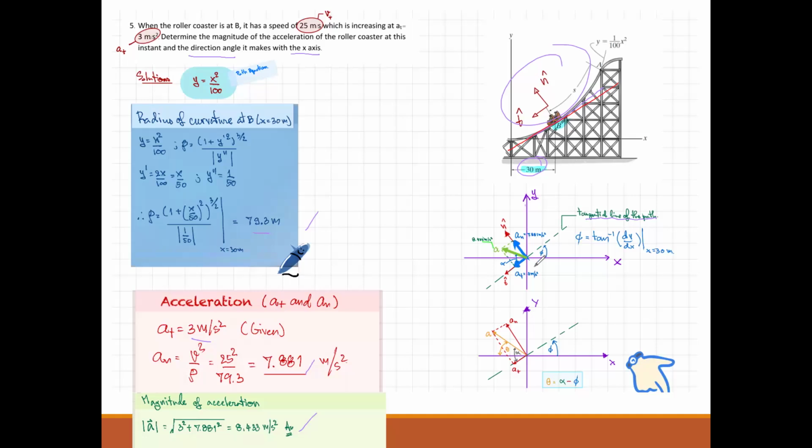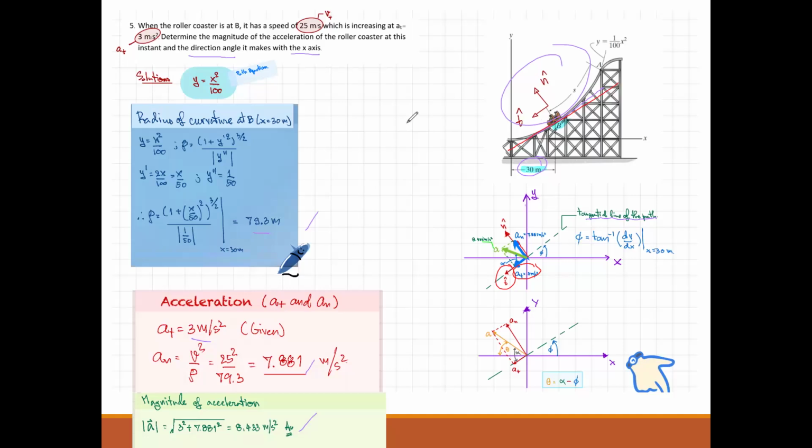We already have two components, a_t and a_n. a_t is in the same direction as the tangent line, so a_t is in this direction. a_n is normal to the tangent direction and is always directed toward the center of curvature.